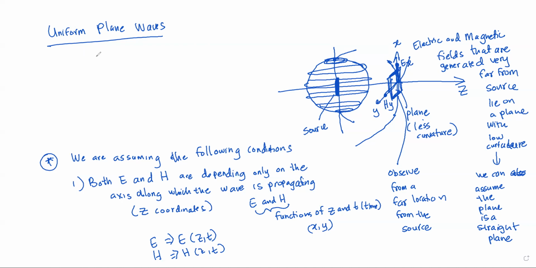First and foremost, we can write the wave equation like this: Laplacian of E is equal to mu naught epsilon naught d squared E over dt squared, right? So this equation that we have derived earlier.